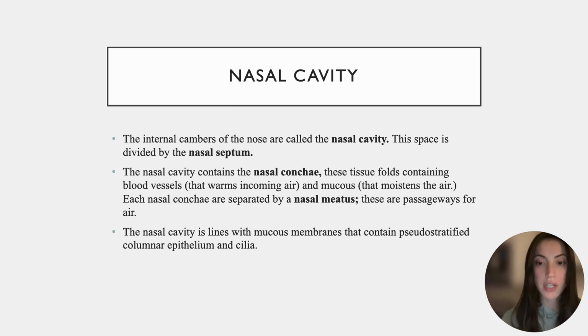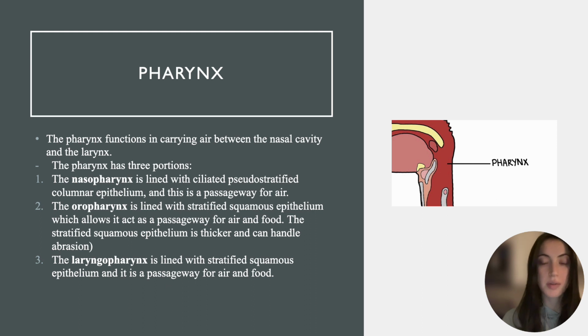So after the nasal cavity is the pharynx, which is towards the back of your throat, and it functions in carrying air between the nasal cavity and the larynx. It has three portions. The nasopharynx is lined with ciliated pseudostratified columnar epithelium, and this is a passageway for air.